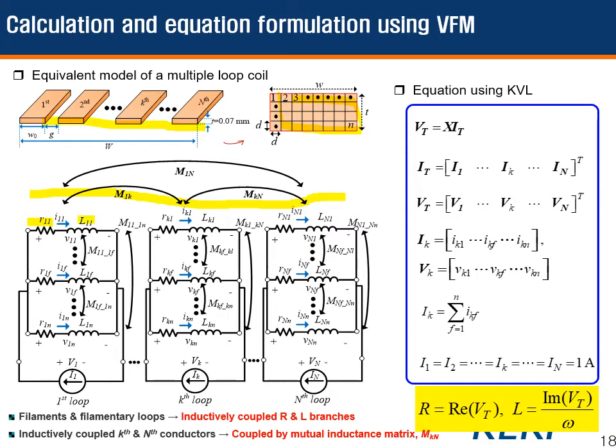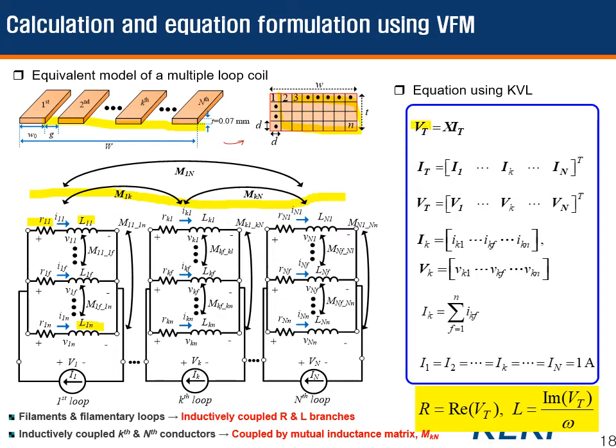And then each conductor has N filament loops, as N resistances and inductances. By applying Kirchhoff's voltage law, we can formulate the equations of this equivalent circuit.